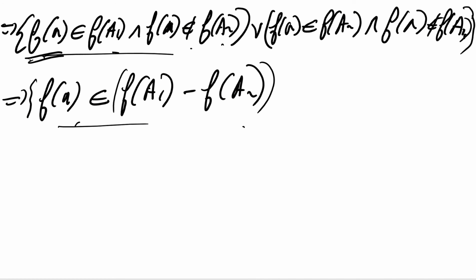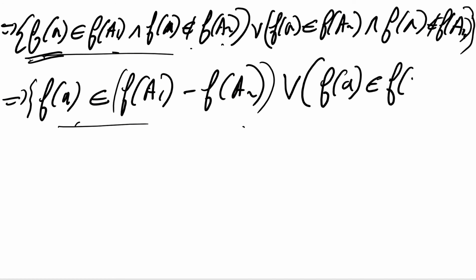So we get this expression, and then we have the or in the middle, or f of A is in f of A2 minus f of A1, right? And because this is the difference, what is f of A?